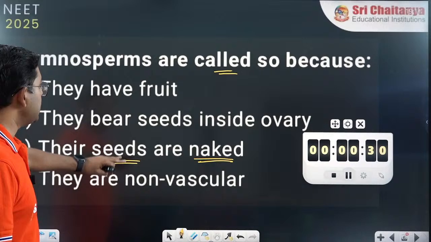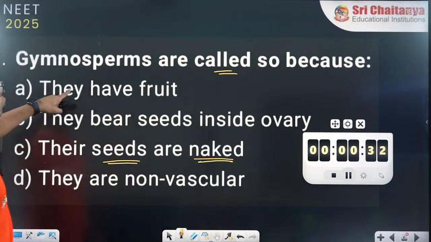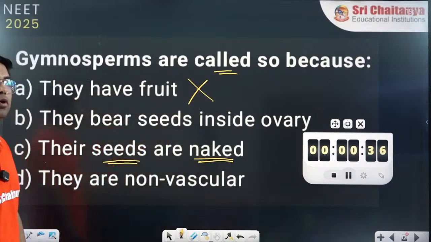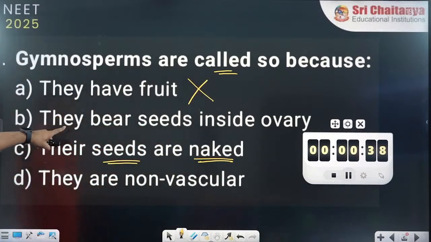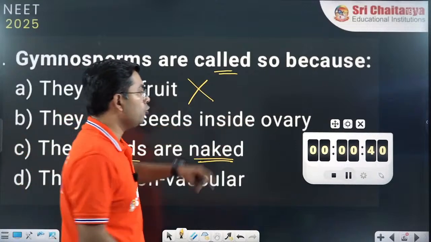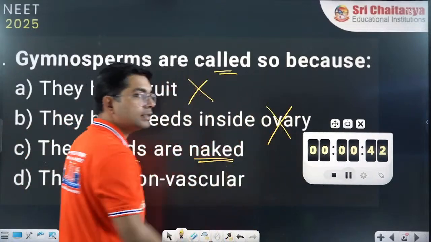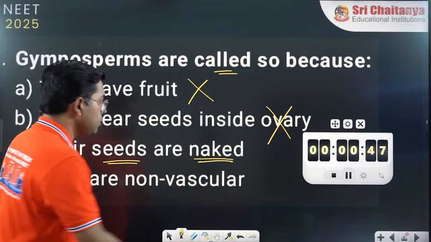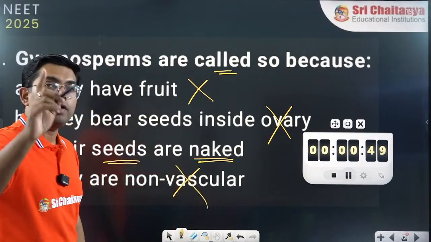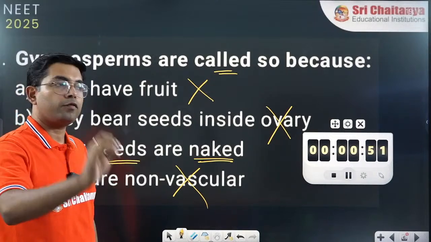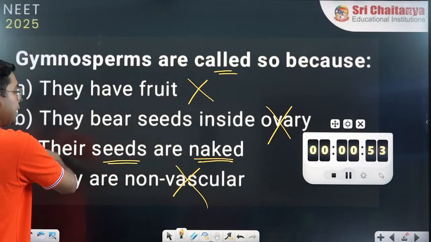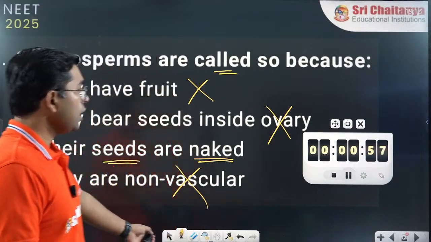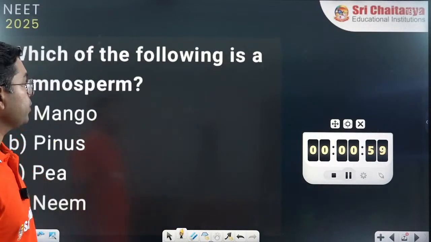Do gymnosperms have fruit? No, gymnosperms don't have fruit. They bear seed inside the ovary? Ovary is not present in gymnosperm. They are non-vascular? Wrong. They are vascular, they have xylem and phloem. So the correct answer is their seeds are naked. Very good. Now the next question.